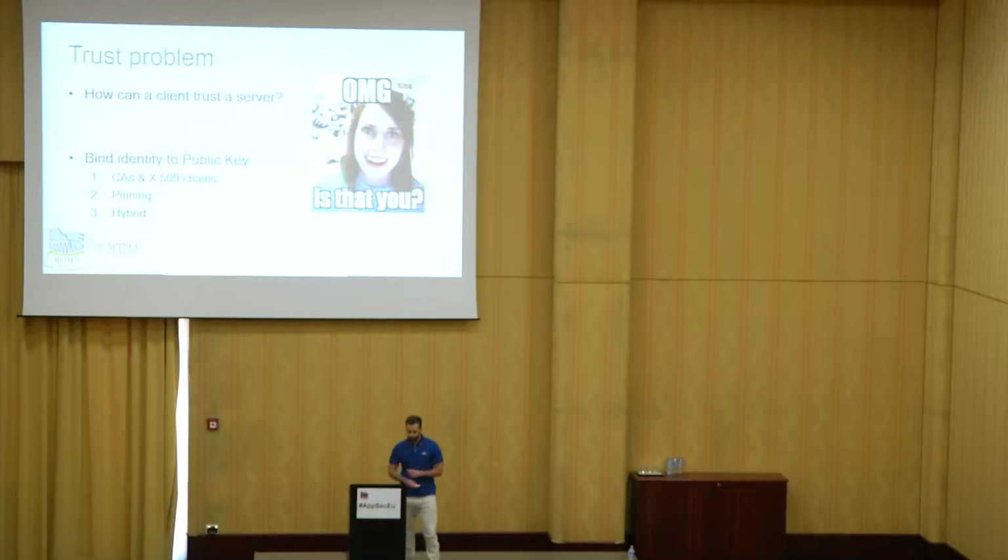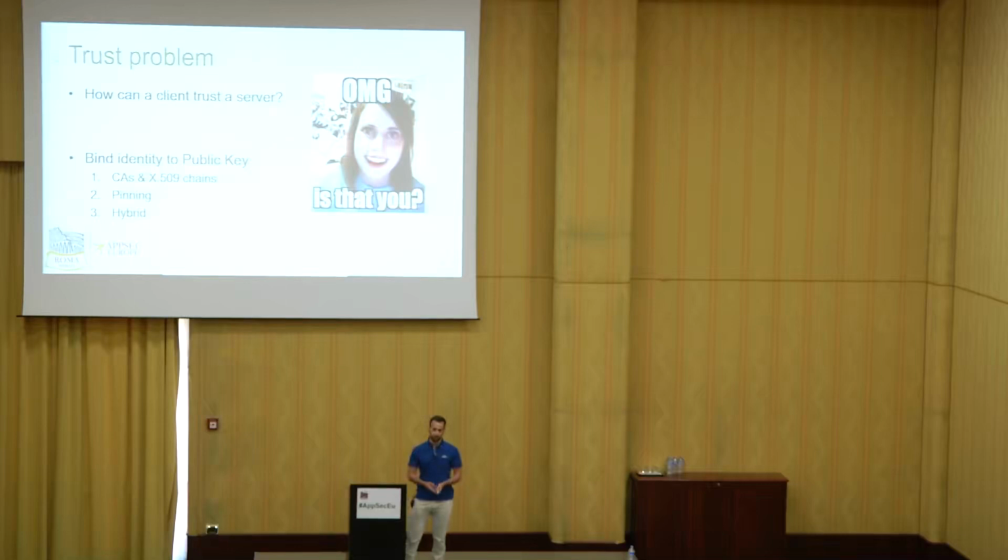So, how can a client trust a server? That's a very big question. The idea is that the only thing that the server can send to a client is a public key, basically. And you have to have a way to bind an identity to that public key. One way to do that is certificate authorities.